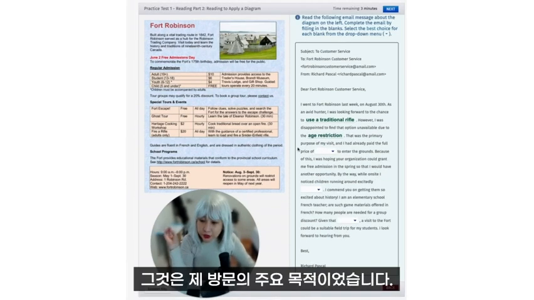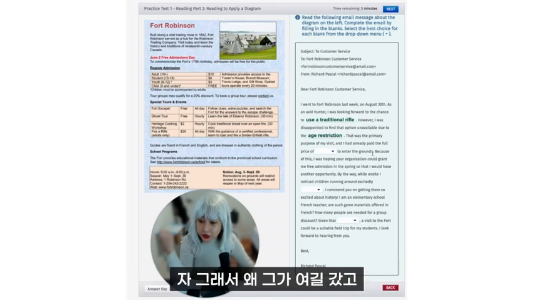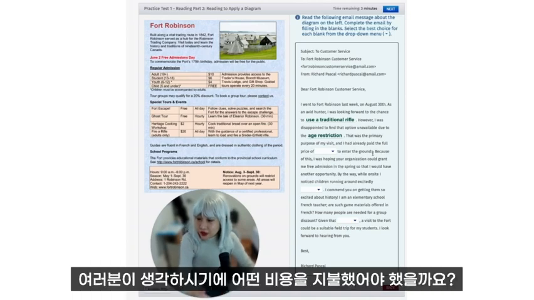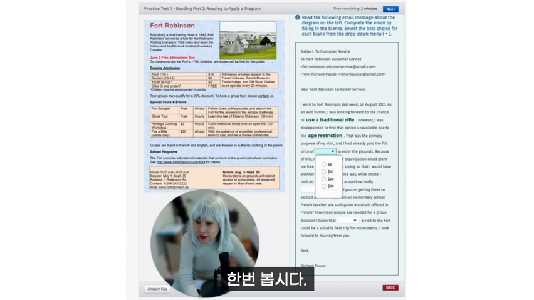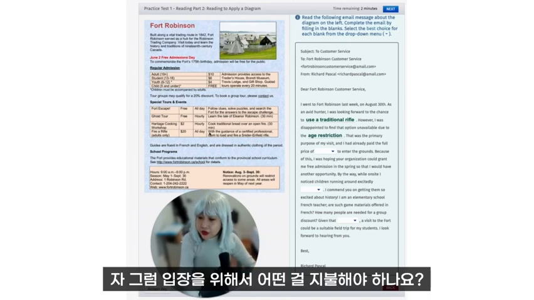"That was the primary purpose of my visit." Okay, and "I had already paid the full price of..." to enter the grounds, so that's why he went there, and then he must have paid the full price. What do you think he would have paid? Let's see, $6, $10, $20, $30. So in order for you to enter the grounds, what do you need to pay?